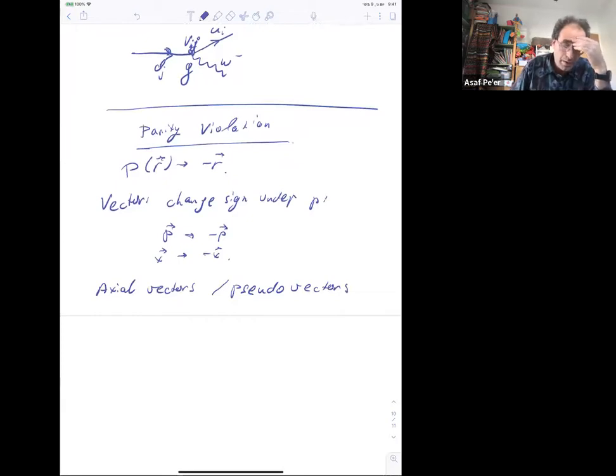These are quantities that are formed by the cross product of two vectors. So of course, the classical example is the angular momentum. Another example is the magnetic field, which is nabla cross A, where A is a vector. So what happens to them under parity?